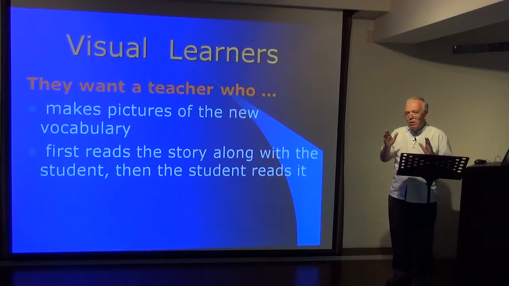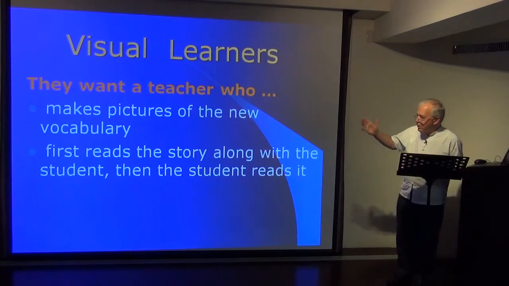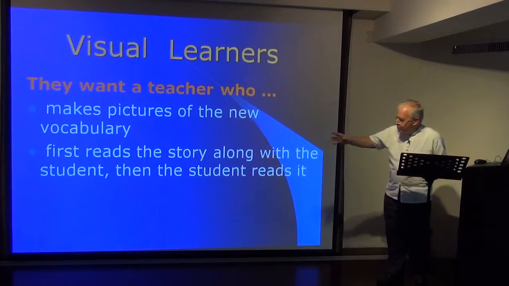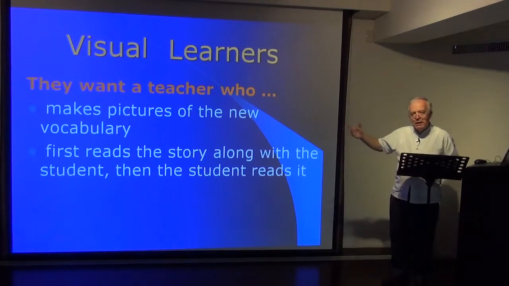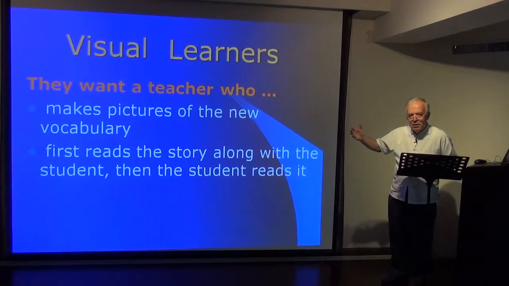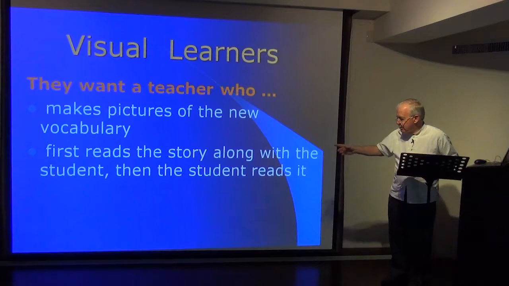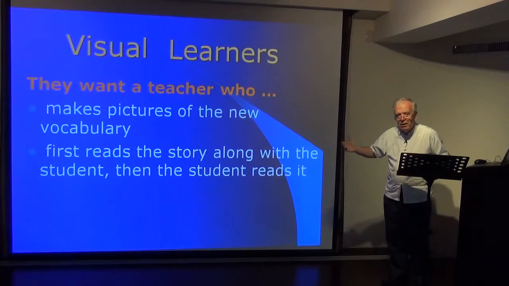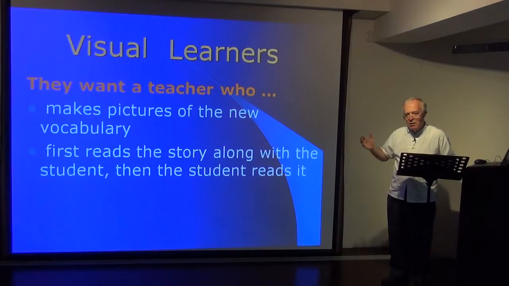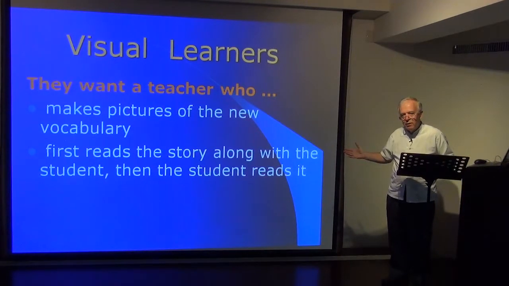So if you have a student who is strongly visual, first you can read the story along with them. Please read after me. The student will like that. Then you can say to the student, all right, now you read it out to me and I'll correct it. That's the cooperation. Then move on to challenging them.